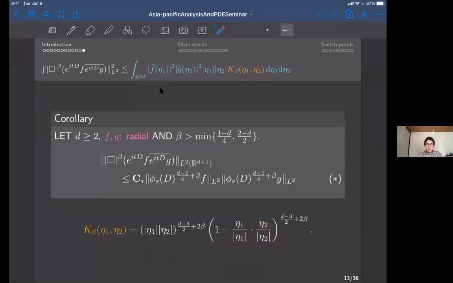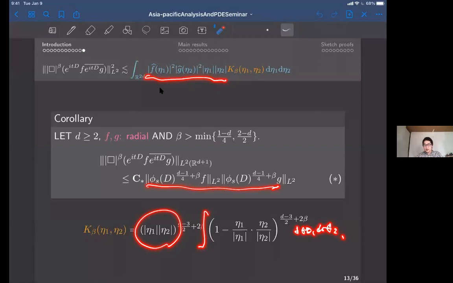Now we're assuming f and g are radial, so you can put the integral on the sphere here. Then it turns out this thing is just a constant. So just reorganizing this and this, you get this right-hand side. And this constant goes to the best constant.